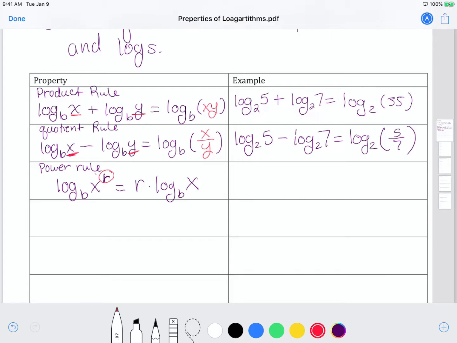So this exponent can come down in front. So for example, if I had log base 10 of 100, I can rewrite that as log base 10 of 10 squared, and because the 2 is an exponent on the 10, I can bring that down in front, my power rule, and I can rewrite that as 2 log base 10 of 10.